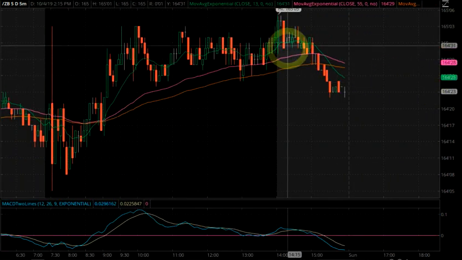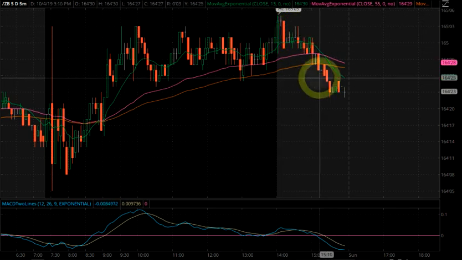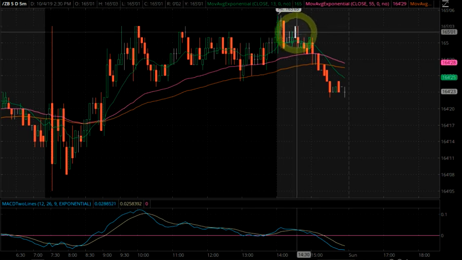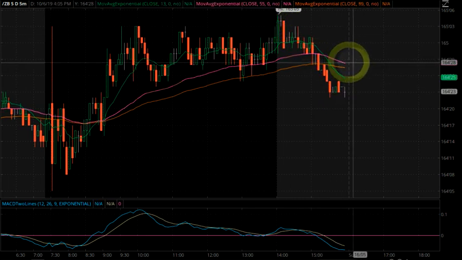So, it's hard to see here whether there's a 5-wave move down there or not. There could be. This could be a 5-wave move, in which case we could have a wave 2 back into this area and then roll over.